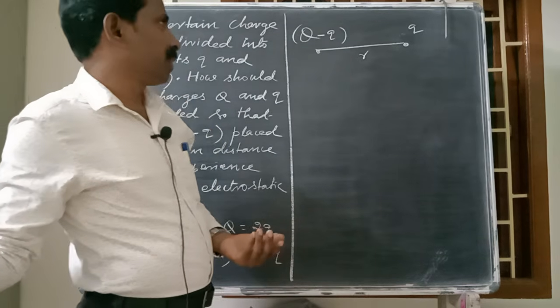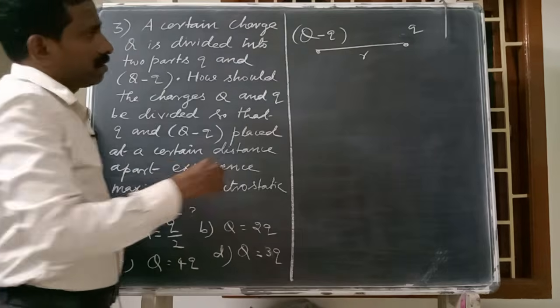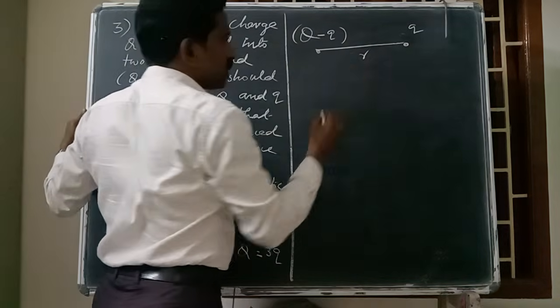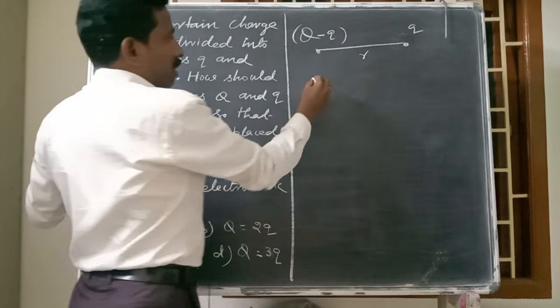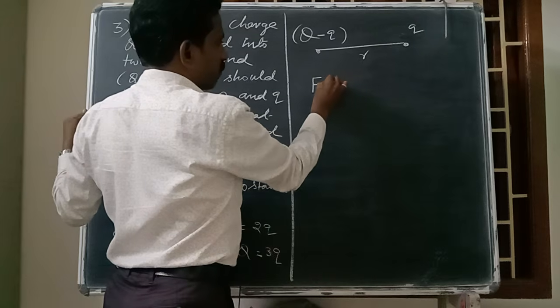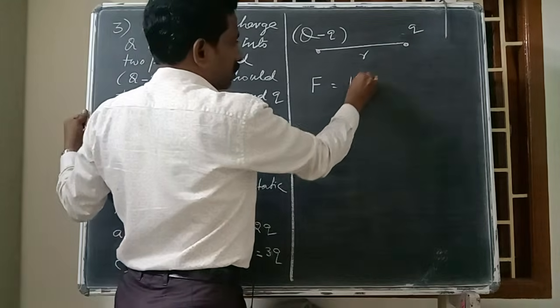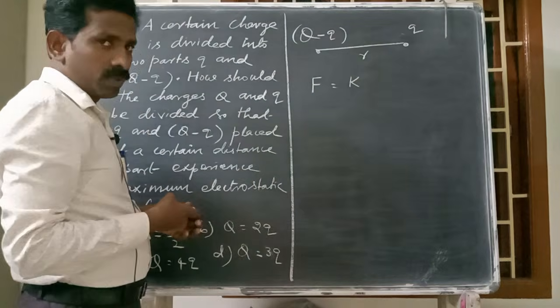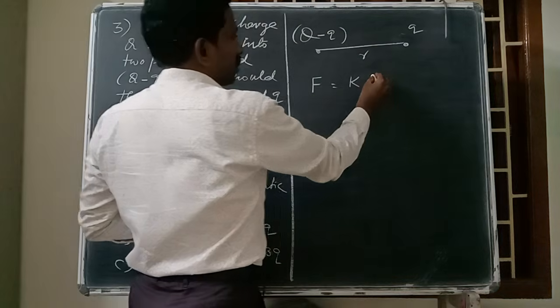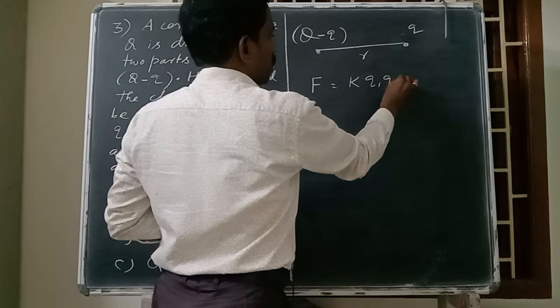Now see, the force between these two charges, according to Coulomb's inverse square law, we know F equal to K, the constant, which is equal to 1 by 4 pi epsilon naught, into Q1 into Q2 by r square.